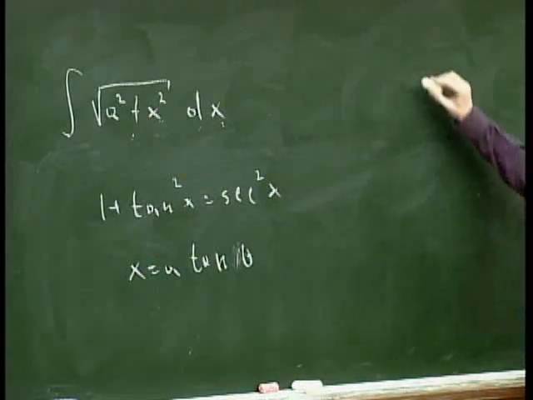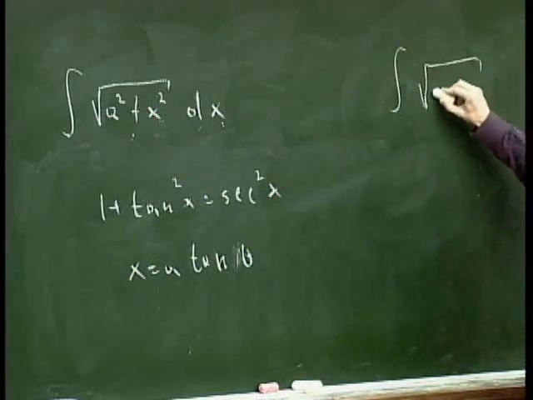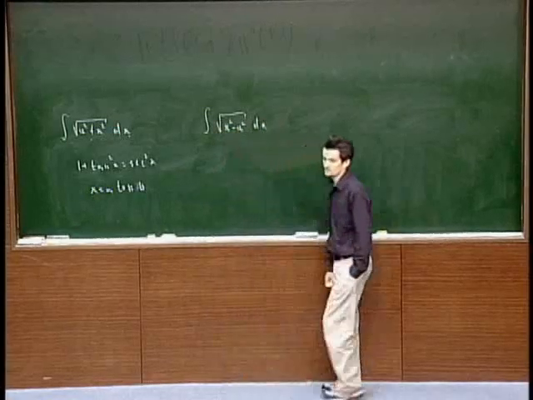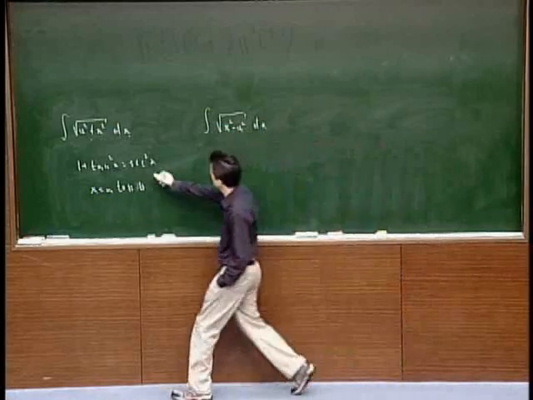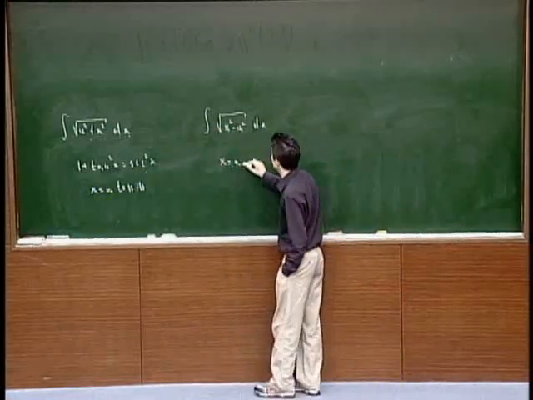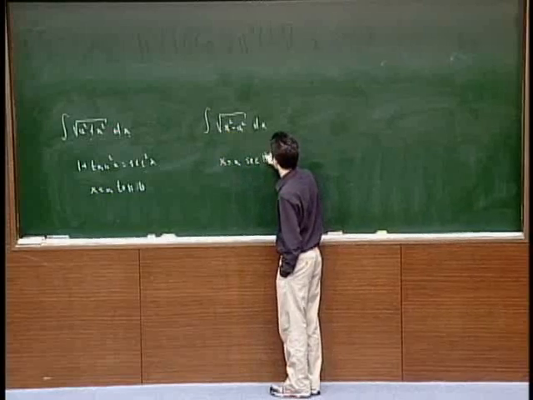And similarly, if you have this integral, then you also use this formula here, but you substitute x equal to a times the secant of theta.